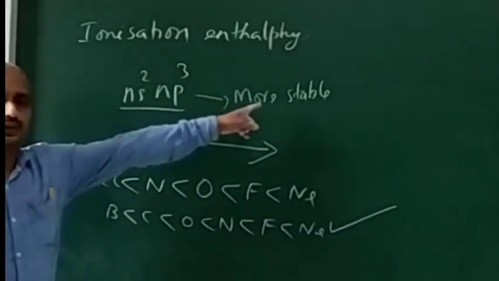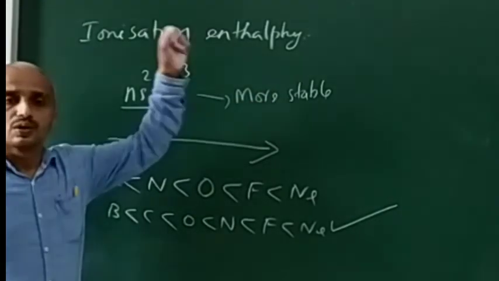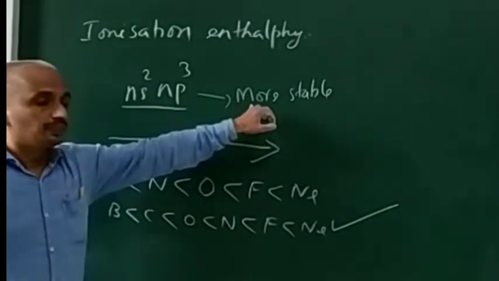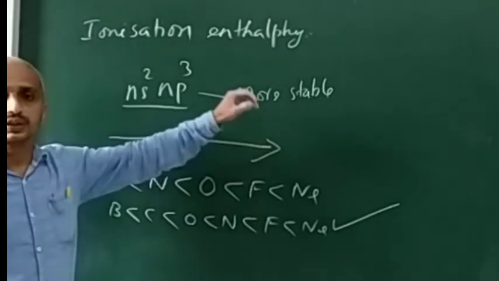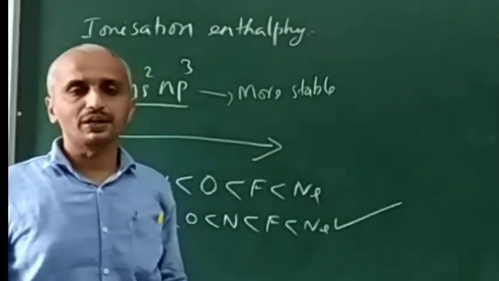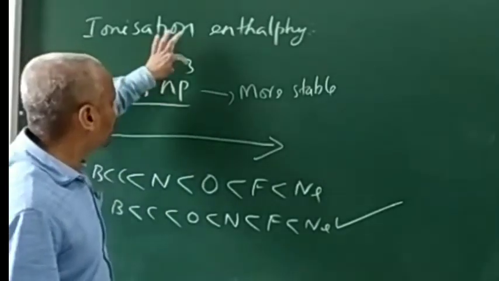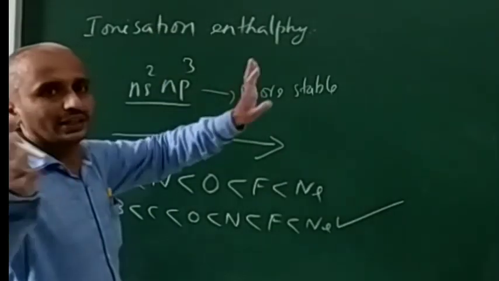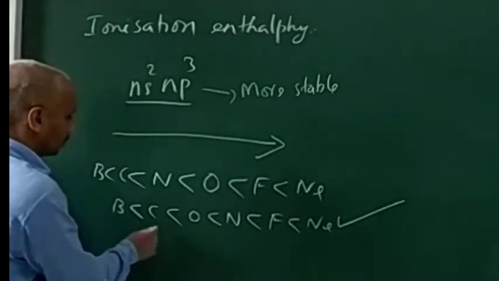This is due to presence of half-filled configuration, proper symmetry factor. Proper symmetry, more stable. So to remove the electron from this, we need more energy. So remember this fact properly.